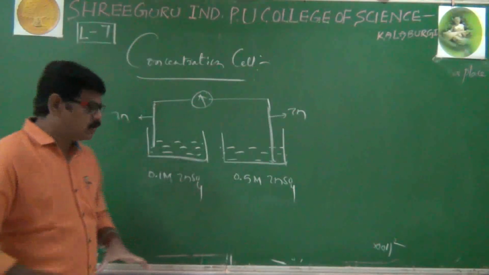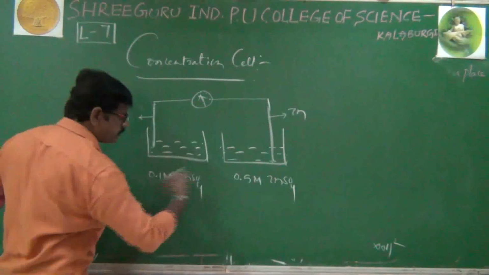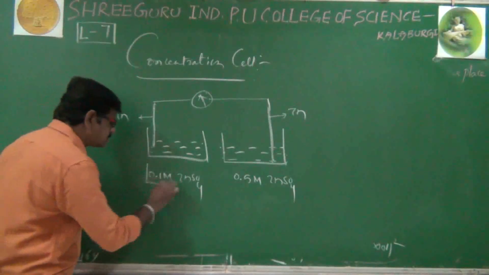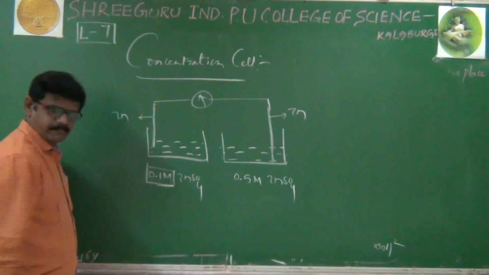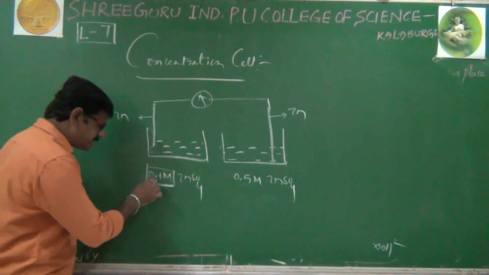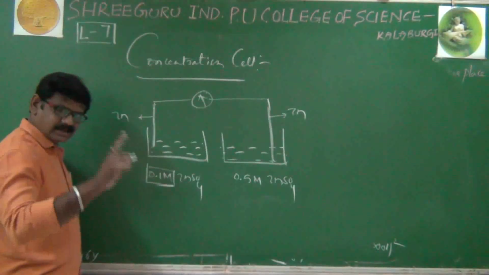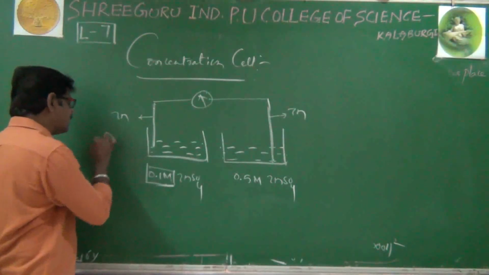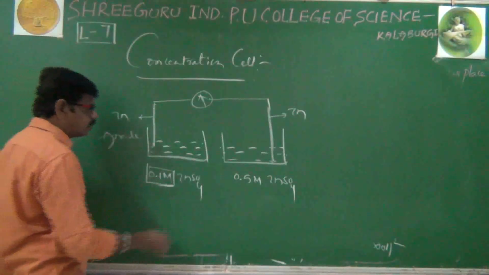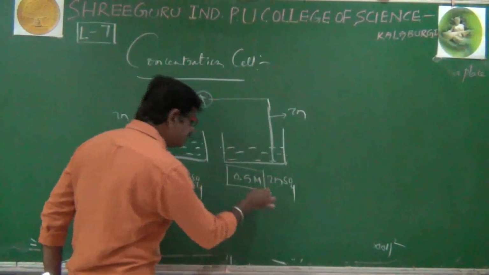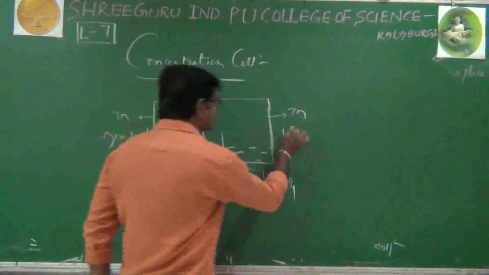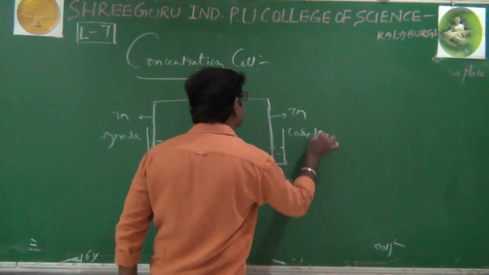Very simple. If you observe the values, whose concentration value is less, that electrode is acting as anode, and whose concentration value is more, that electrode is acting as cathode.